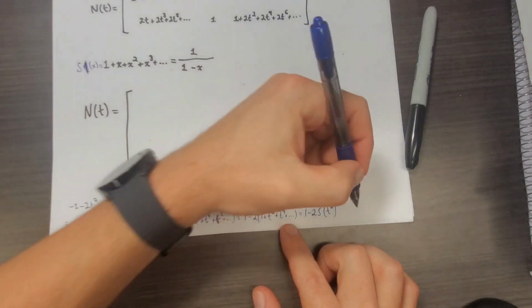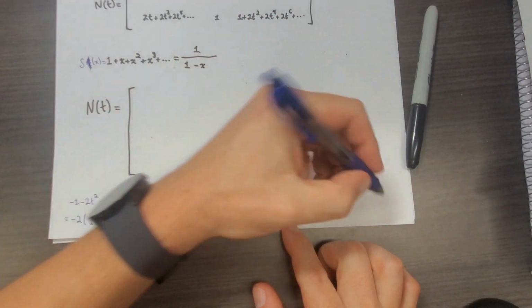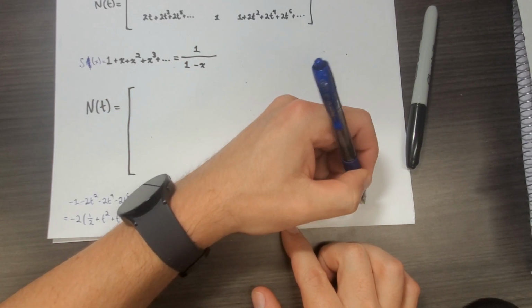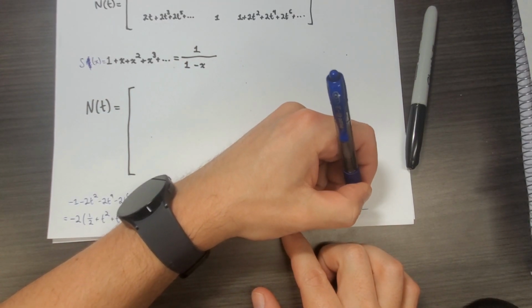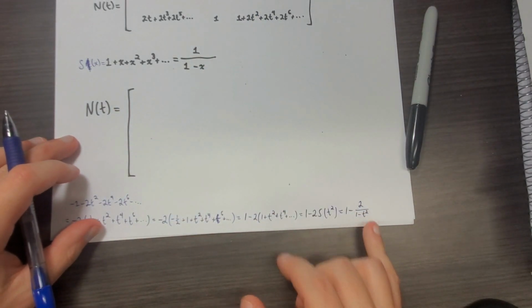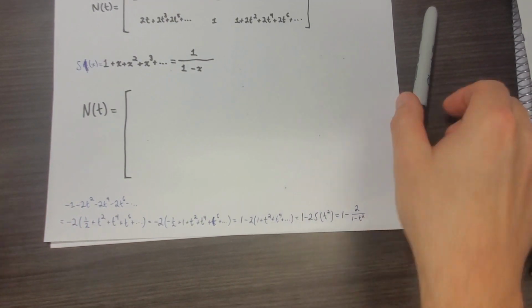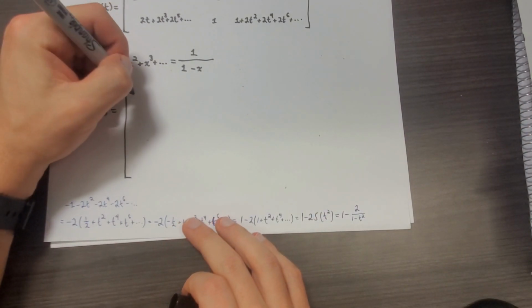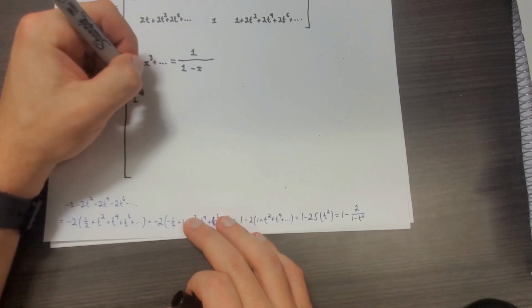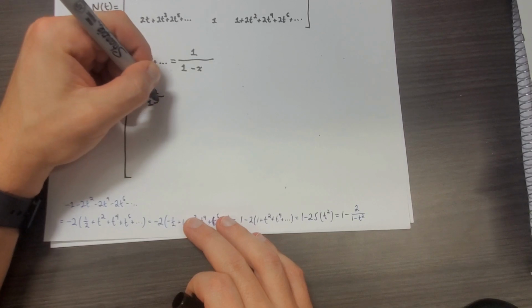So, because s of x is equal to 1 over 1 minus x, this can be rewritten as 1 minus 2 over 1 minus t squared. I just replace the x with t squared here, and then multiply by that 2 that's left over as a coefficient. So it turns out that the first entry is, in fact, 1 minus 2 over 1 minus t squared.